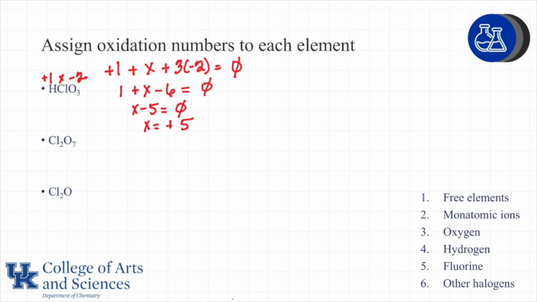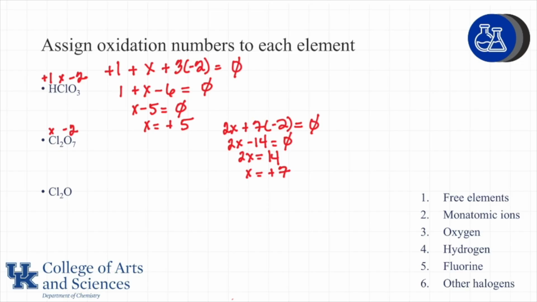For Cl2O7, again, chlorine is my unknown because halogens can have different oxidation numbers. Oxygen is -2. I can take 2 times X plus 7 times -2 and add that up to get 0. 2x minus 14 equals 0. 2x equals 14, and x equals +7.